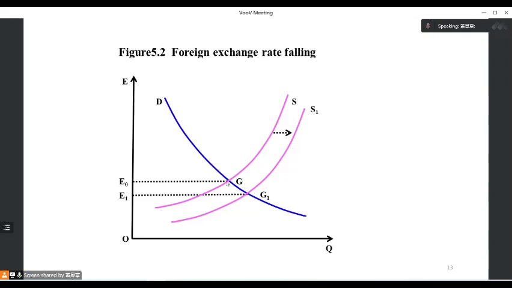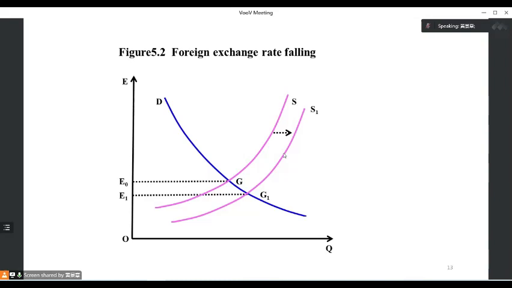So at the beginning, the line D crosses line S at the G point. We can find the foreign exchange rate is E0.